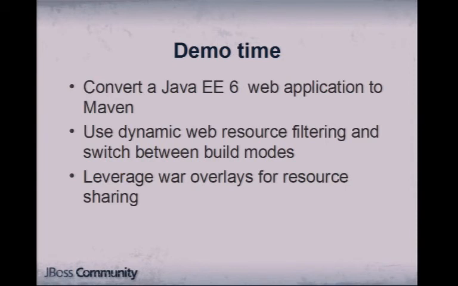I'm going to show you how to convert the legacy Eclipse project to Maven. Then we're going to show you how to use dynamic web resource filtering, switching between different modes, production mode, development mode. And we'll see how we can use overlays in the context of the IDE.